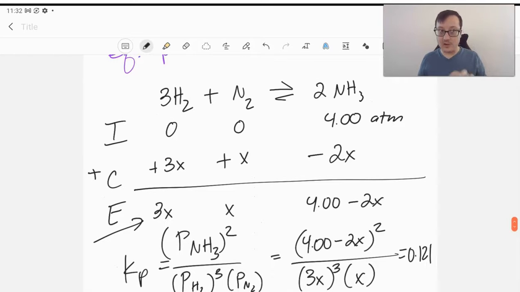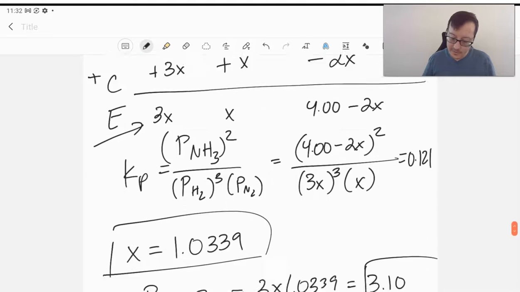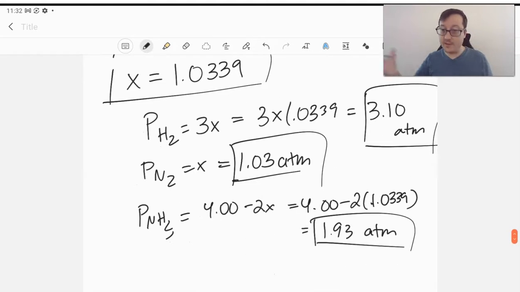The important part is you know which one is going to be negative, which one is going to be positive. In this case, we had products, so we're going to be losing products as we approach equilibrium. We did not have reactants, so we're going to be making reactants as we head towards equilibrium. Lots of math, but thankfully the hard calculation is done for us using a computer.